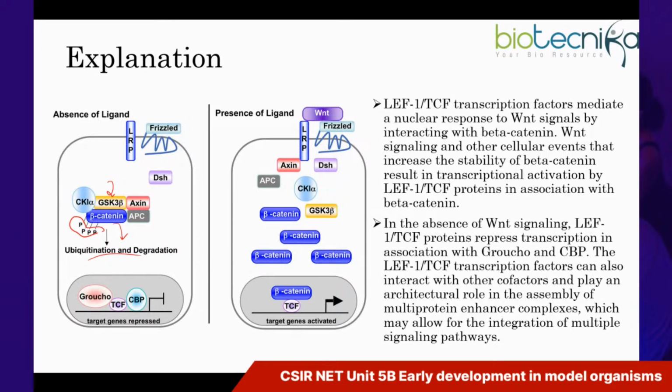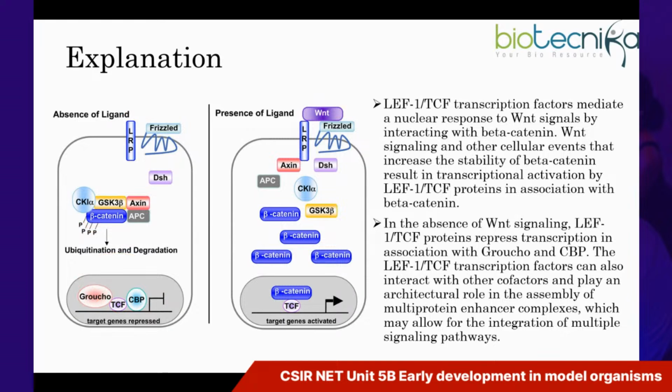This is the absence of ligand. Among the transcription factors, we have TCF and CBP. TCF is occupied by Groucho, because of which transcription cannot proceed. Target genes are repressed, in association with Groucho and CBP also, but mainly Groucho. Groucho acts as an inhibitor.